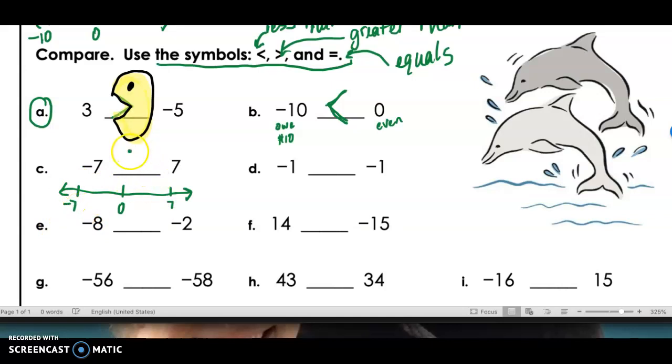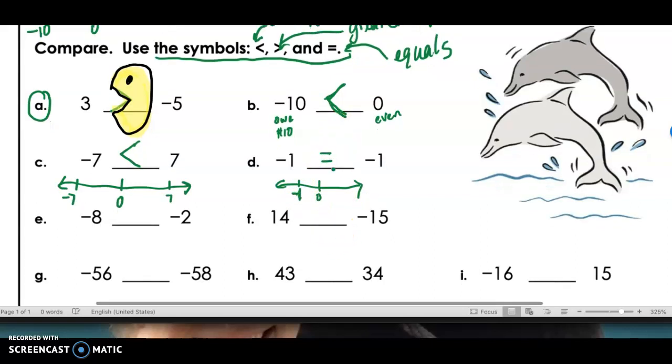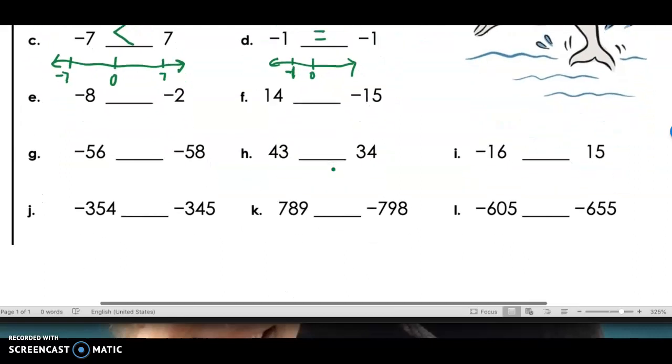So -7 is less than +7, and the mouth eats the bigger 7 because it's more food for it. For D, we have -1 compared to -1. If you put them on the number line, here's 0, here's -1, and guess what? Here's -1 as well. So those are equal.